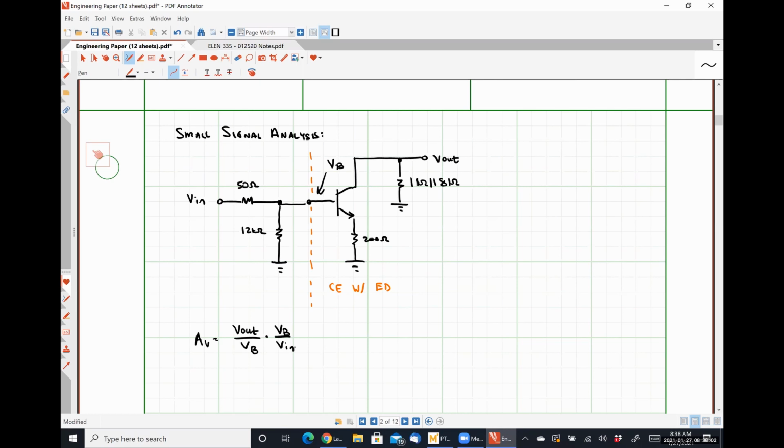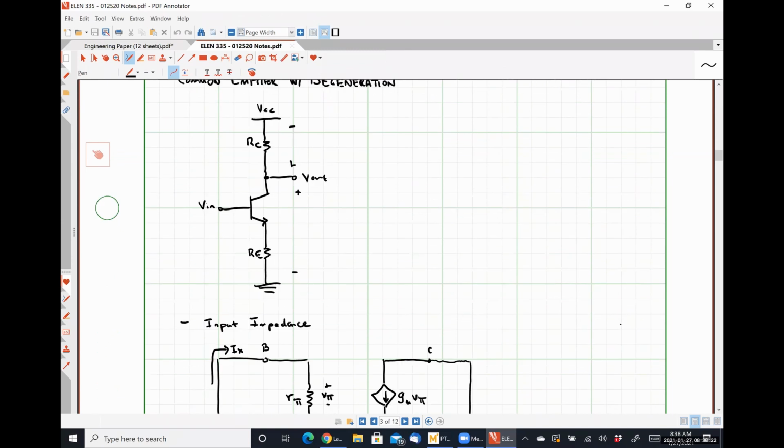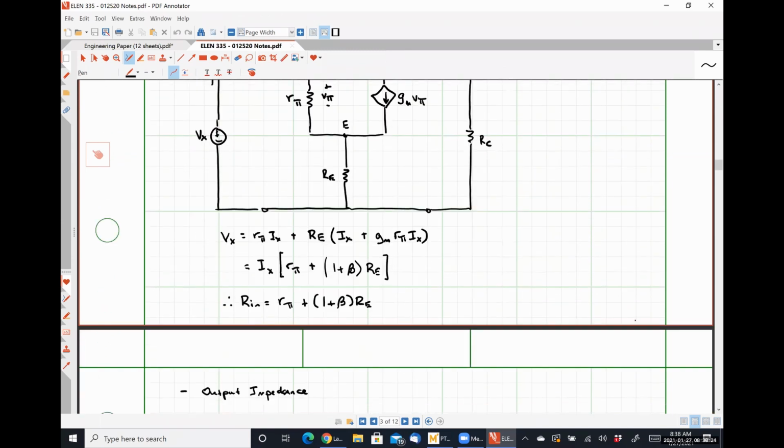So if we circle back around to our notes, we're going to have V out over VB. So let's scroll through these till we find something that looks right.